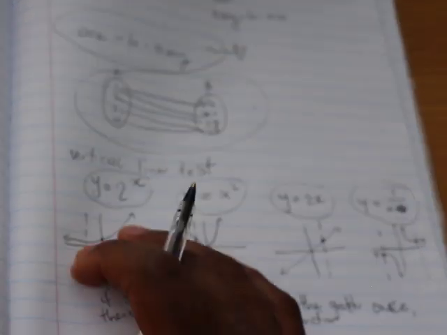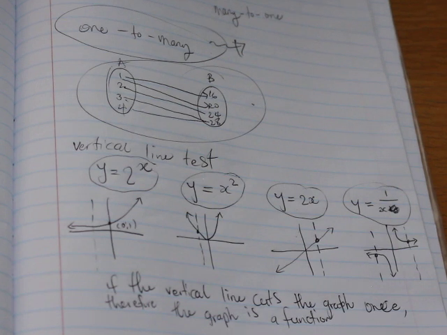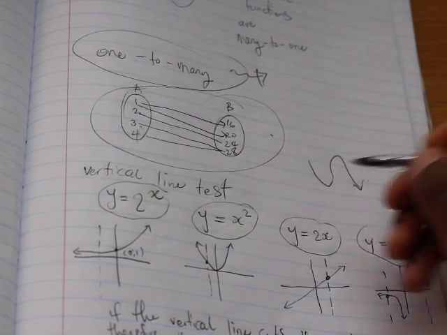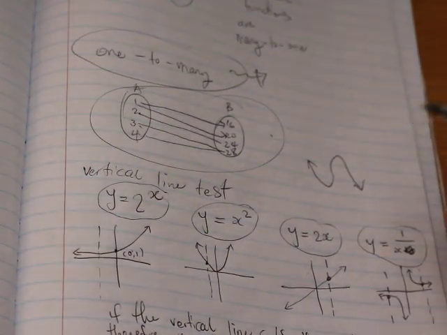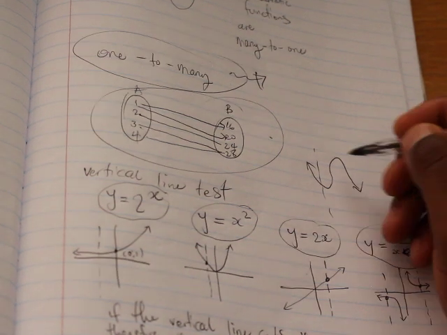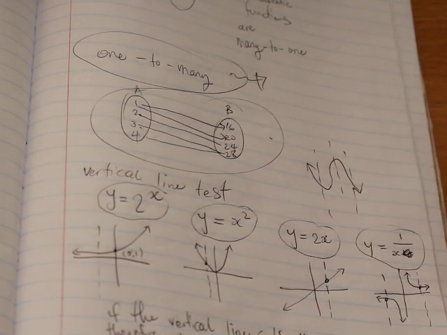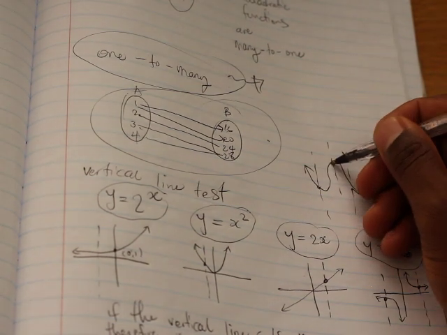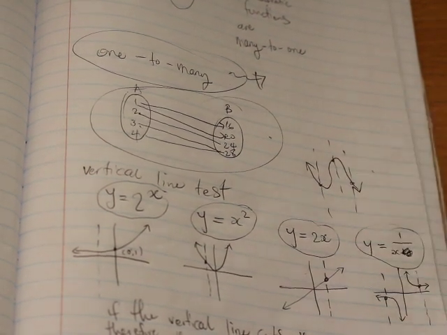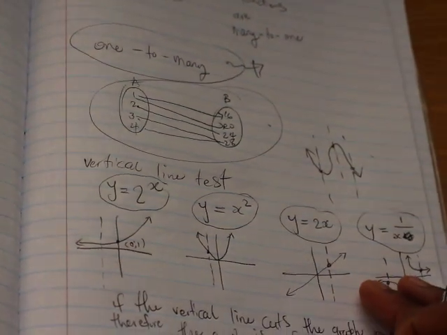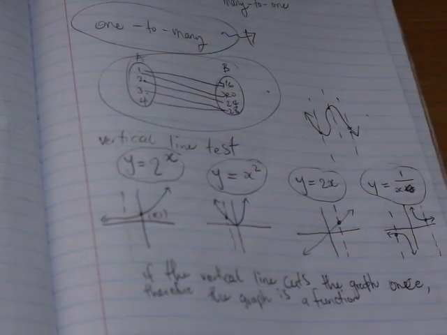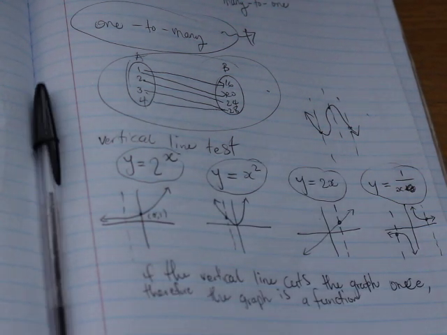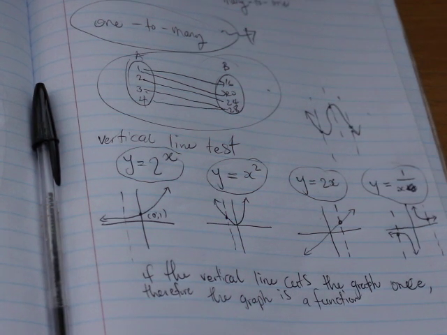A cubic graph is also a function. Remember, a cubic graph is like this, if you've already done calculus. The vertical line cuts once here or there or there. So a cubic graph is a function. That's the vertical line test: you just draw a vertical line and check how many times it cuts the graph.